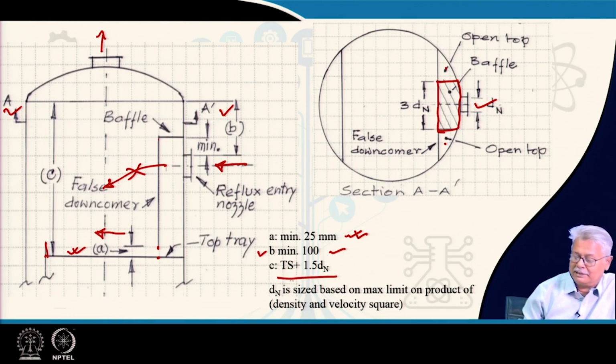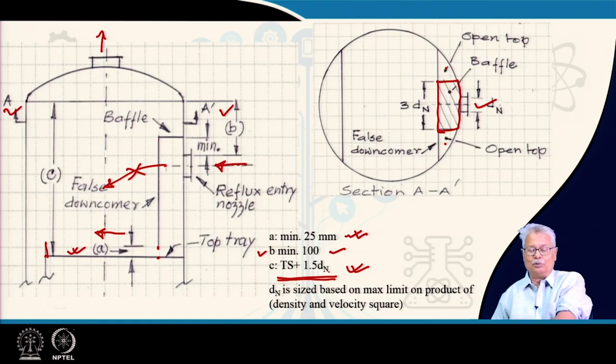If your normal tray spacing is TS millimeters and the diameter of your reflux entry nozzle is DN, the practice is to have a slightly higher dimension here, and keep it at TS plus 1.5 DN or more.